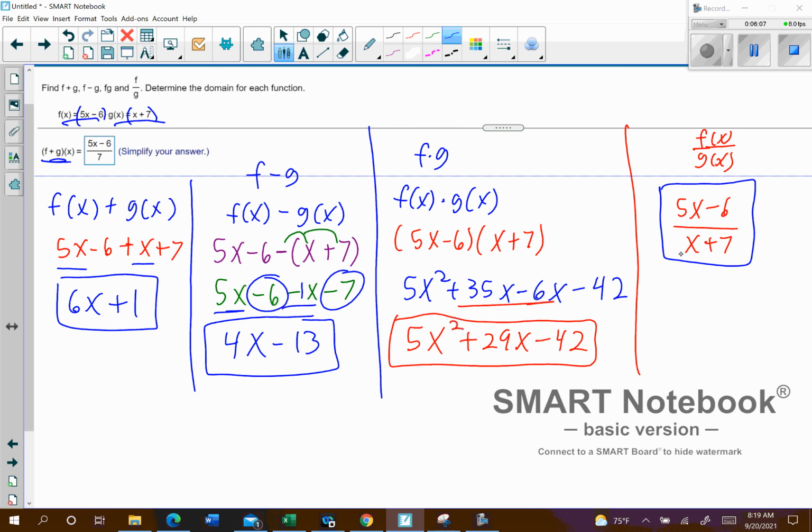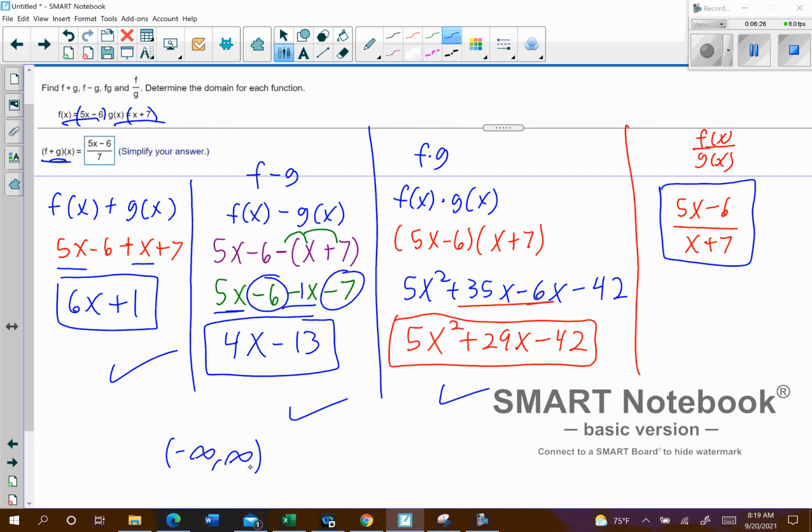Now, they will ask you for the domain on these. So real quick, the domain for the first three, there are no restrictions. There are no square roots and there are no fractions. So for the first three, it'll be from negative to positive infinity.